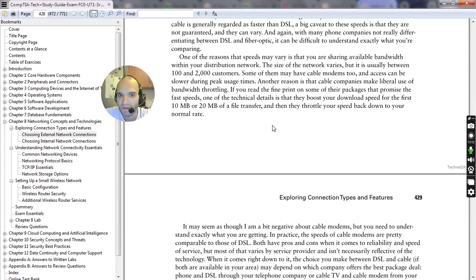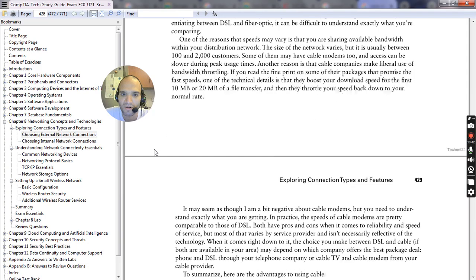Let me read it again. If you read the fine print on some of the cable companies' packages that promise the fast speeds, one of the technical details is that they boost your download speed for the first 10 megabytes or 20 megabytes of a file transfer, and then they throttle your speed back down to your normal rate.